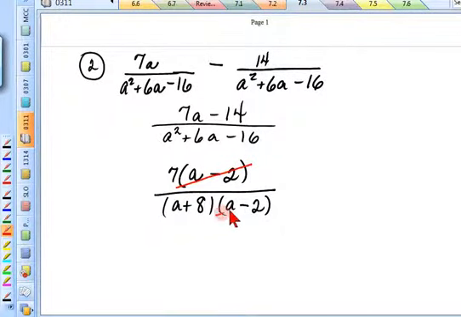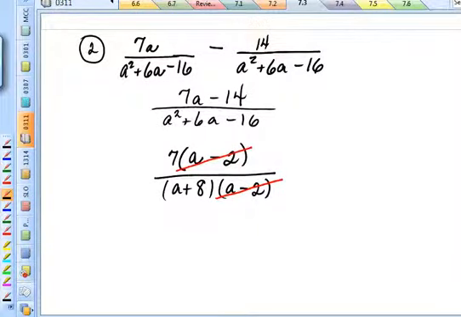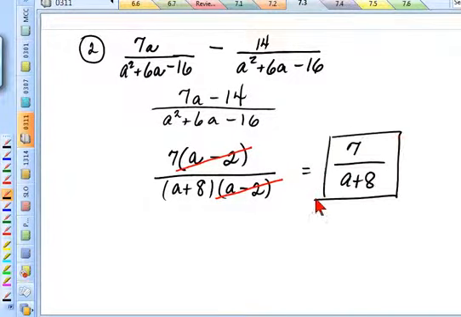A minus 2, a minus 2. So hopefully you practice 7.1 doing the reducing because we're going to do a good bit of it today. Final answer is 7 over a plus 8. Is that okay? Any questions?